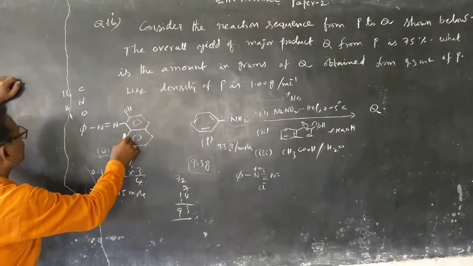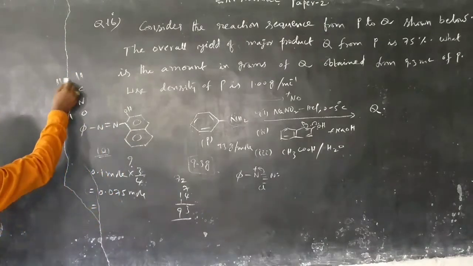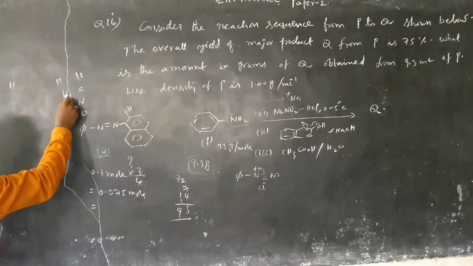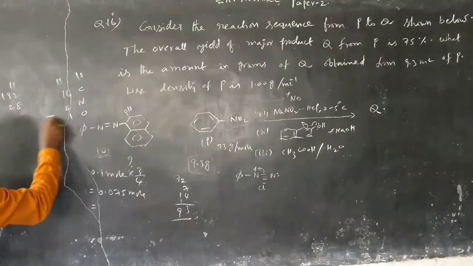That is 11 hydrogens. So what do you get? 16 times 12 is 192, plus 28, plus 16, plus 11.